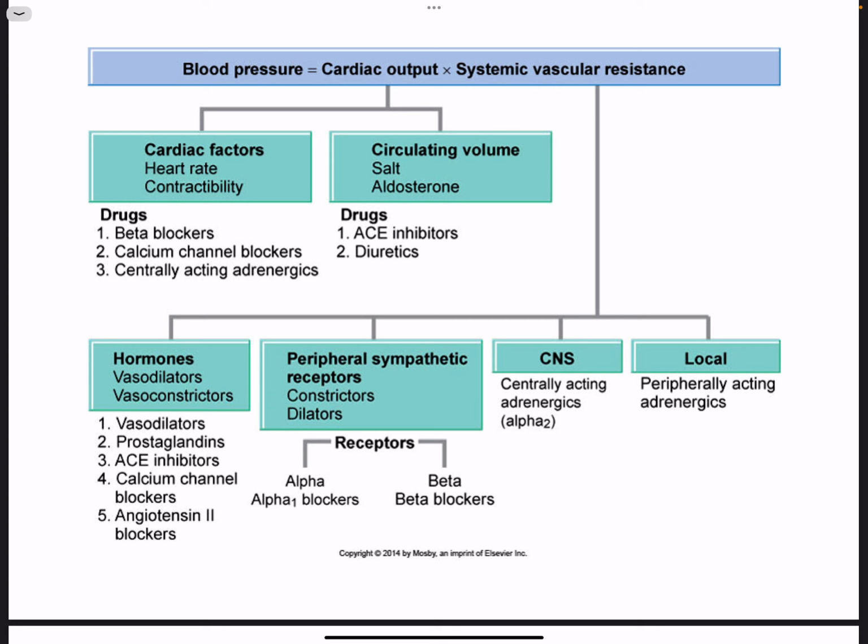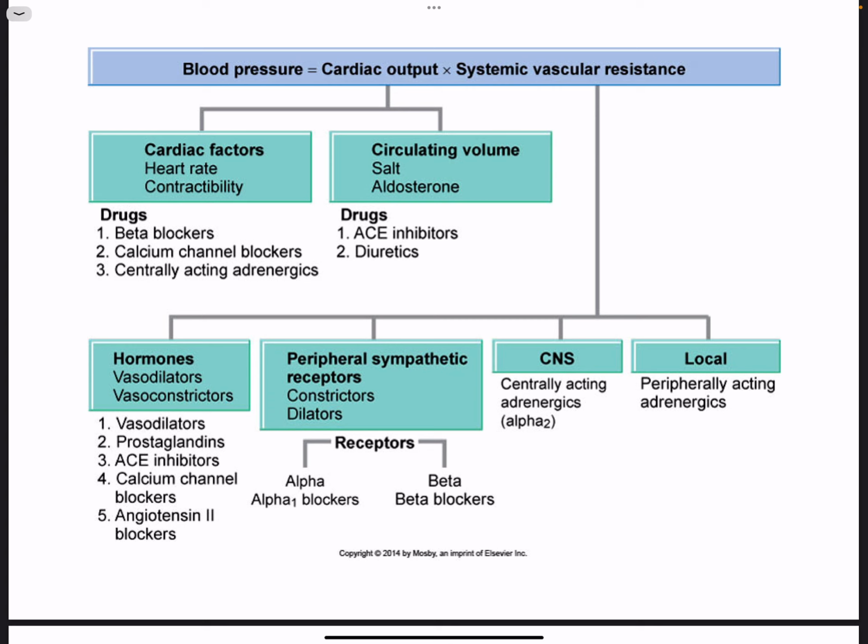Now you see, cardiac output again depends on cardiac factors: heart rate and contractility. Heart rate we discussed, and contractility also we discussed. But who controls the contraction of the heart? There is some activity in the heart. What is that called? SA node, very good.